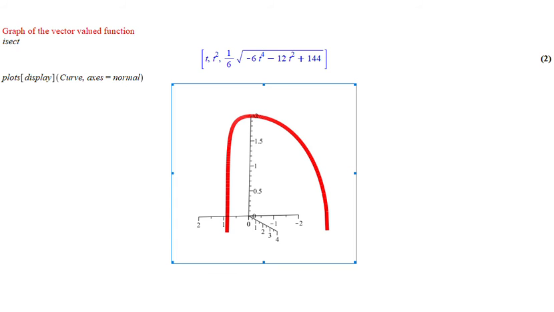And so this would be our value of z and x and y. So here is our vector valued function that represents the curve of intersection. Again, the t is the x, the t squared the y, and then what we just solved for is the z component.